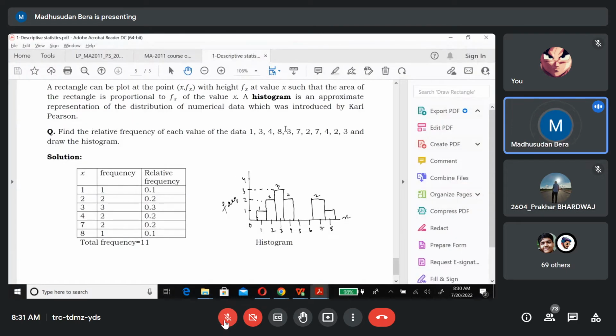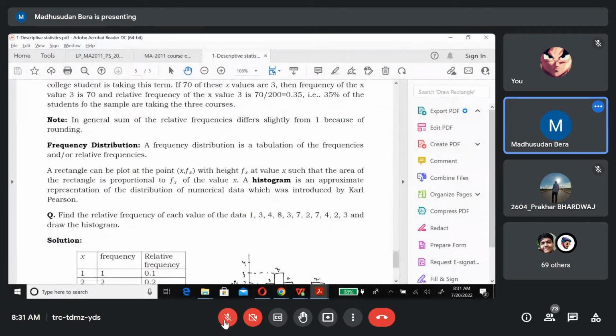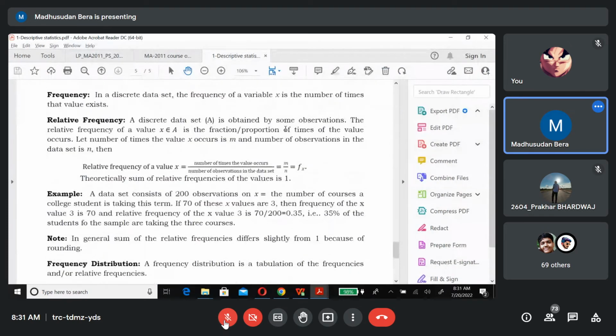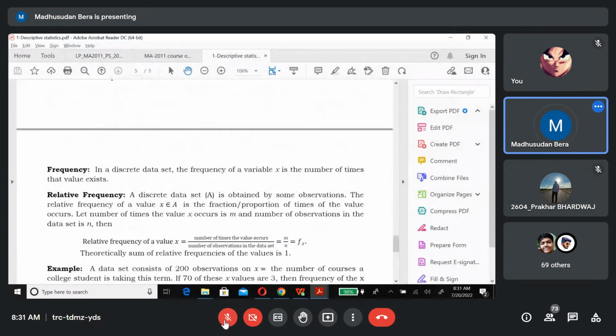Those things are defined here. In a discrete data set, the frequency of a variable x is the number of times that value exists. That means how many times this data occurs is called frequency. Relative frequency is frequency divided by total frequency, meaning the total number of objects.